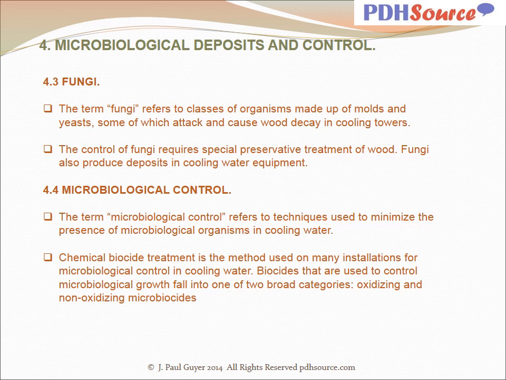Chemical biocide treatment is the method used on many installations for microbiological control in cooling water. Biocides that are used to control microbiological growth fall into one of two broad categories: oxidizing and non-oxidizing microbiocides.